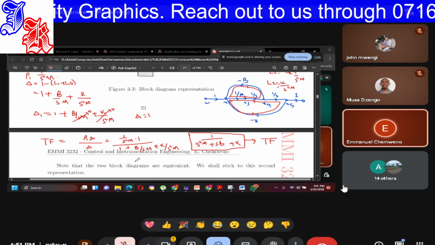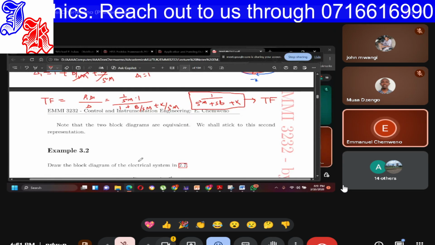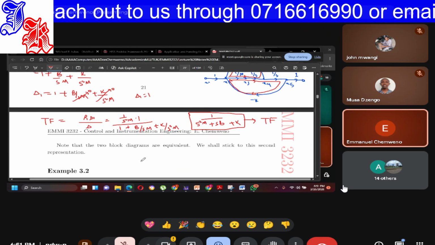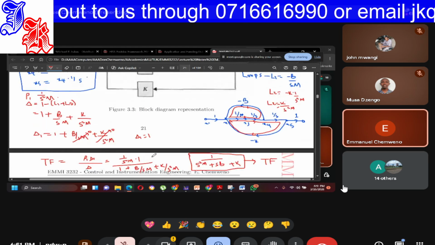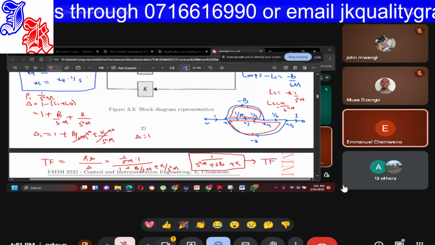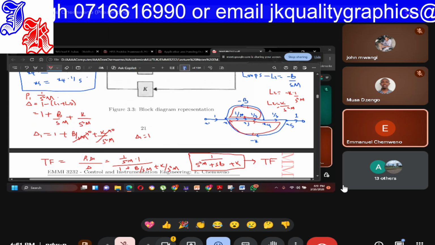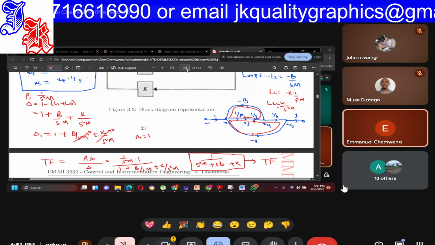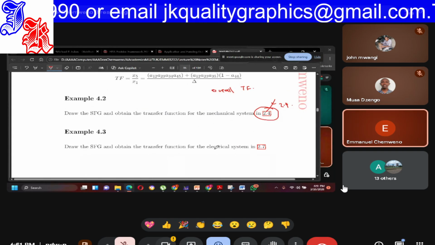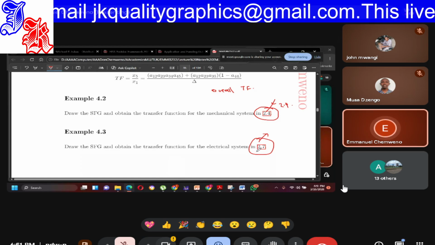We shall look at 2 or 3 more examples. Let's look at the electrical system in figure 2.7.